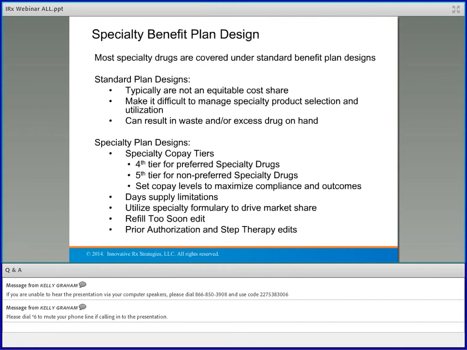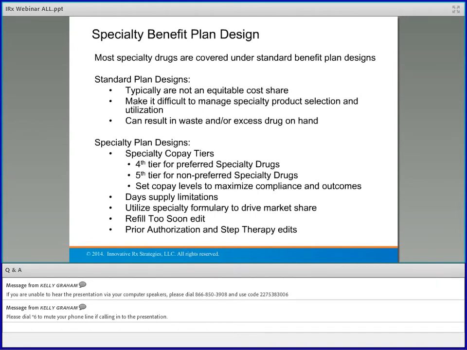You think about 20% working for typical retail brand and generic drugs that you can get at your local pharmacies or through mail service, but when you've got a specialty drug that's $2,000, $5,000, and the member's only paying $40 for that, it's not a very equitable cost share. Also, with your standard plan design, it's hard to manage specialty product utilization if it's just flowing through.